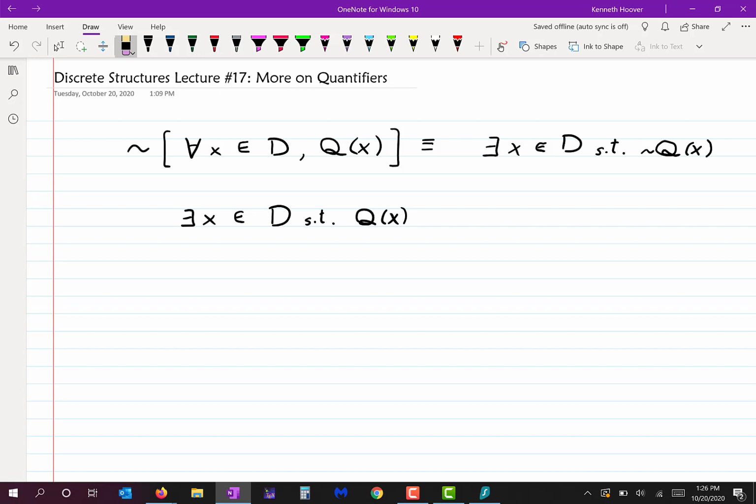You have to point out every car and show that it's not blue, right? The negation of there is a blue car in this parking lot is every car in this parking lot is not blue.